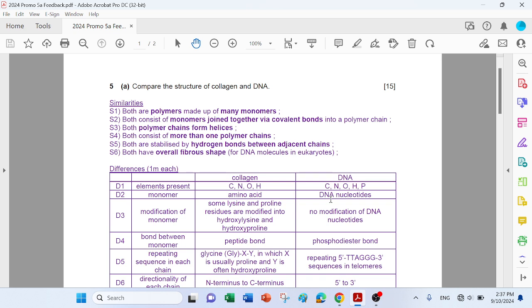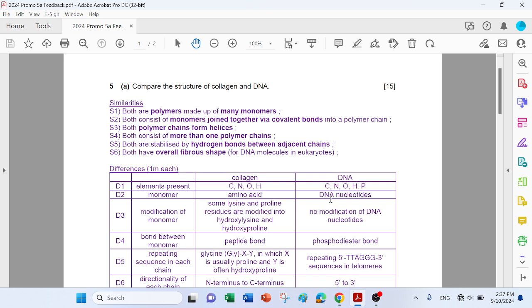Okay, and if you went back to the structure, it shows you that each of the chains, either a polypeptide chain or the DNA strand, both form helixes, and both the collagen and the DNA molecule contain more than one chain. For collagen, it is many polypeptides, three in one triple helix, then aggregated into fibril and fiber, so many polypeptides versus two DNA strands in one DNA molecule.